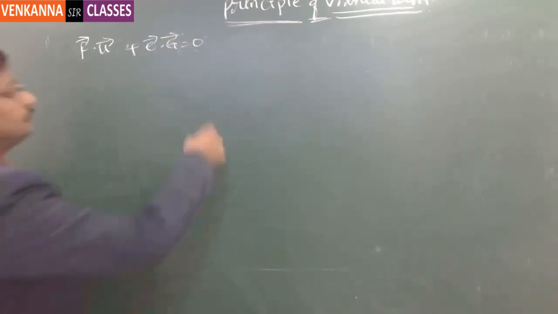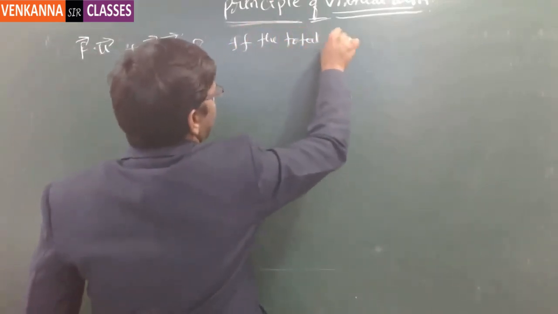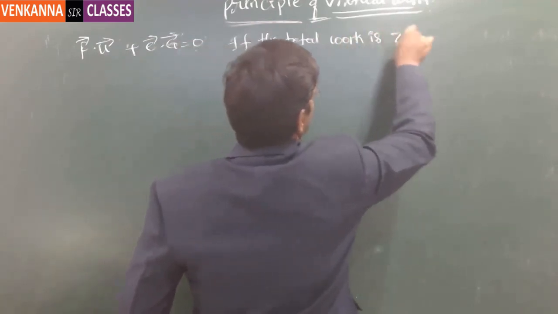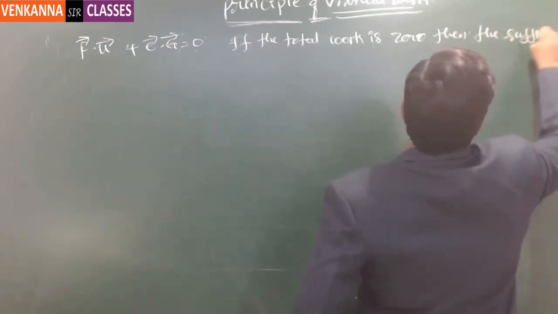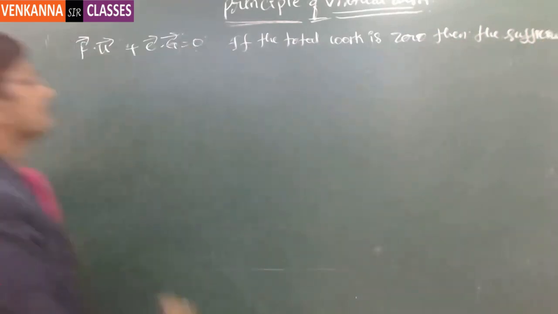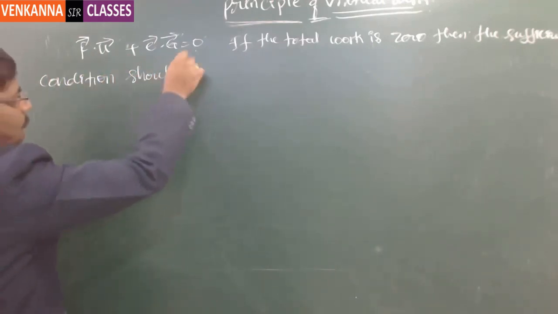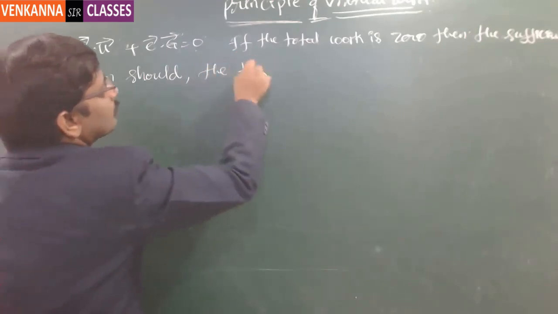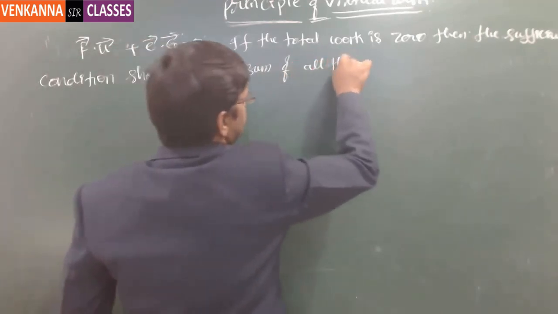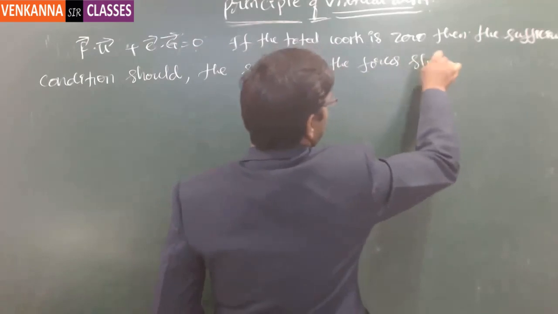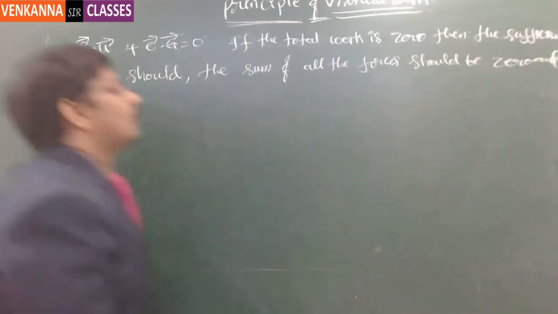So if the total work is 0, then the sufficient condition should be the sum of all the forces should be equal to 0, and the sum of all the moments has to be equal to 0.